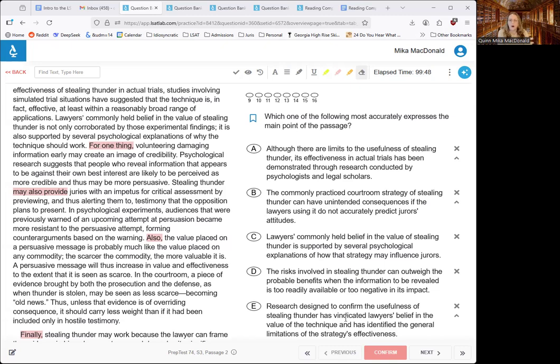So, with all of that said, they assume that you will read from A to E and not from E to A. And thus, by going from E to A, you avoid answer choice traps that are built on the order of the answer choices.